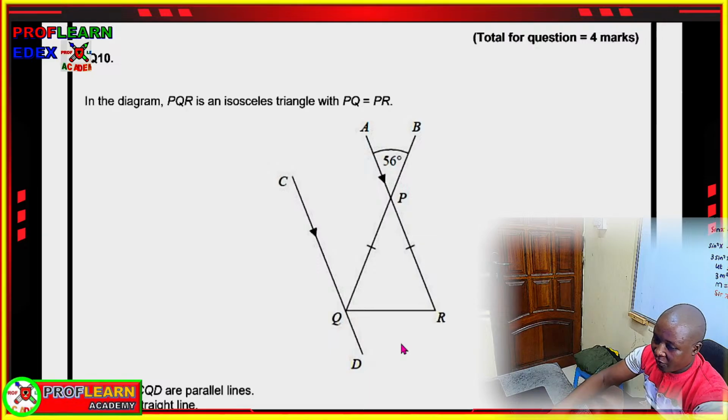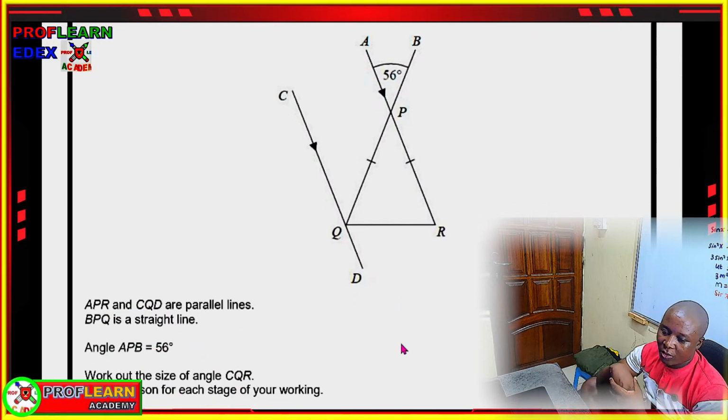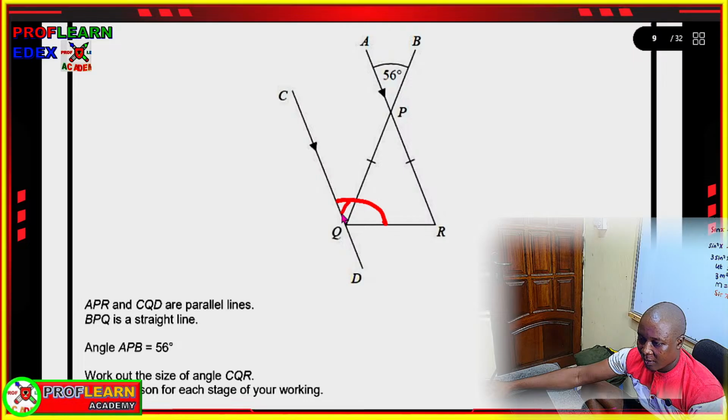We are supposed to find the size of angle CQR. What's the size of angle CQR? What value is it, and how are we going to go about that?